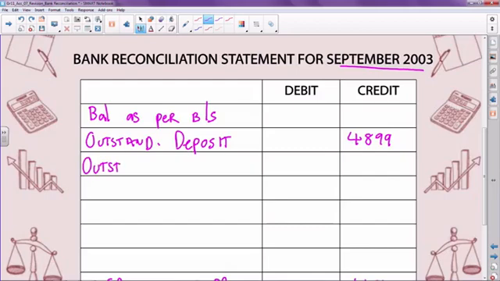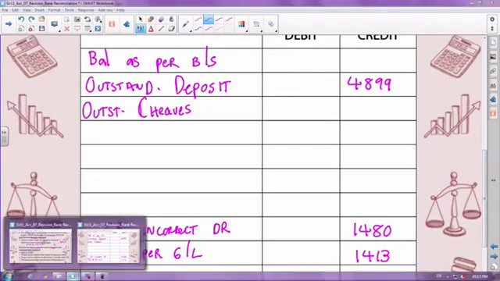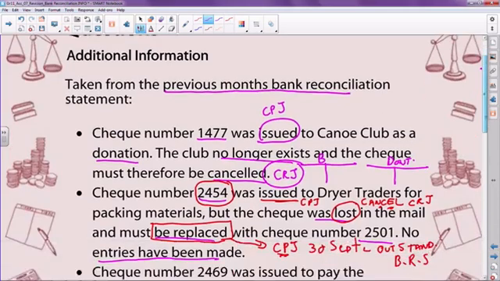Then we will also have outstanding checks that haven't been cashed at the bank as yet, or not presented for payment. And remember here, you often have to go according to check number order. Your starting point will always be the previous month's bank recon. Was there an outstanding check that hasn't been cashed as yet?